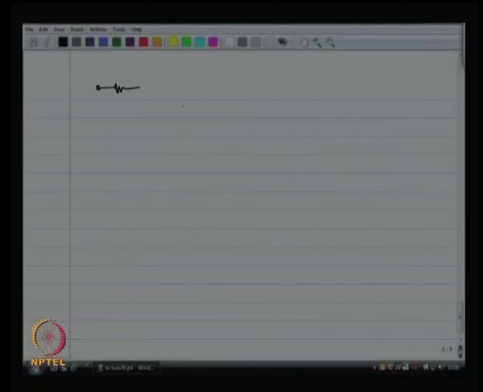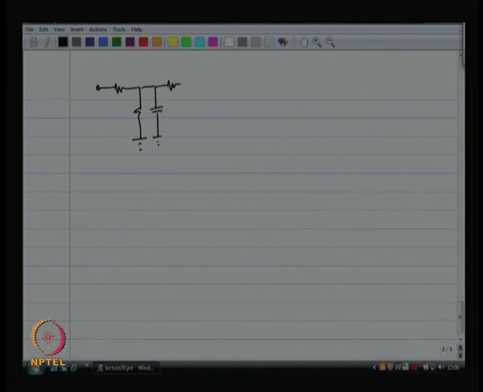So, let us just do a quick example. Let us say this is what I have got: R1, R2, R3, R4. I do not know what this is, but let us say this is what I have got. What are you going to do? You are going to first find out the contribution of R1.